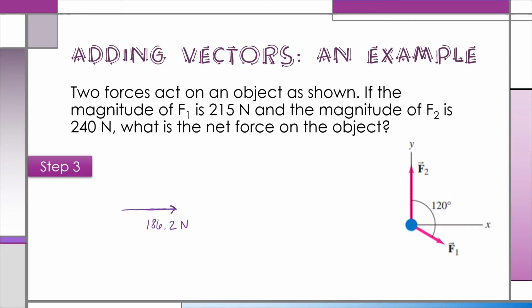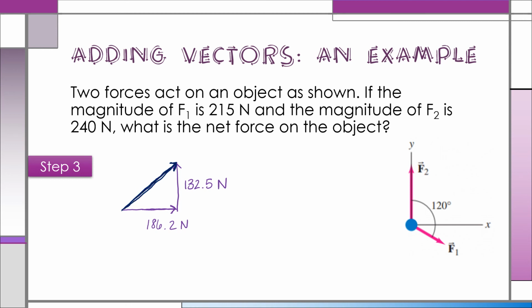And I had a positive y component of 132.5 newtons. And so when I draw those two tip to tail like I've done here, I see that my resultant looks like that. Again, going from the unpaired tail to the unpaired tip.